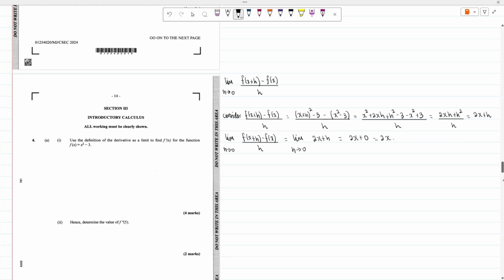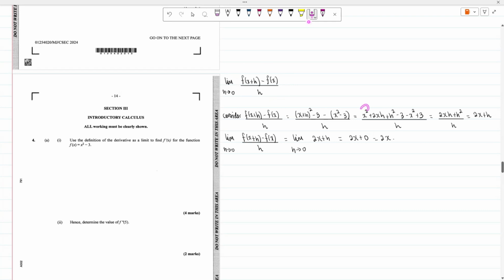Whatever the function is, if they're asking something like this again, how to do? f of x plus h minus f of x, you have to calculate. When you do this, any term that doesn't have h in it always cancels.